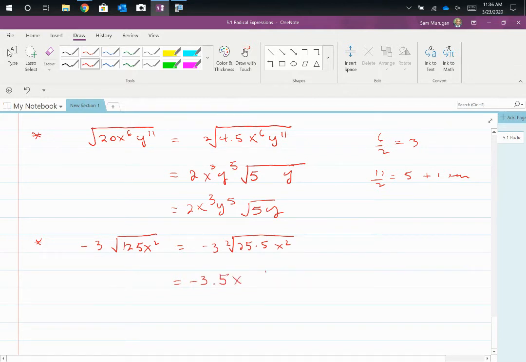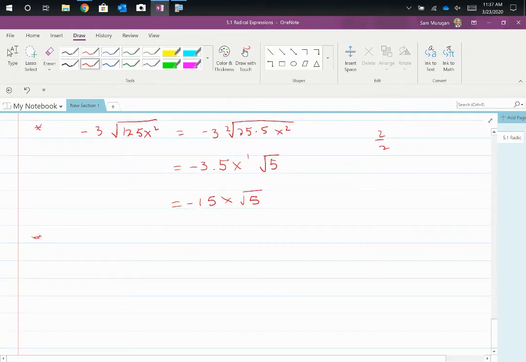We put an x here, and we have a 5 remaining under the square root. Then 2 divided by 2 is 1, and nothing else remaining underneath the square root sign. So this is negative 15x square root 5.